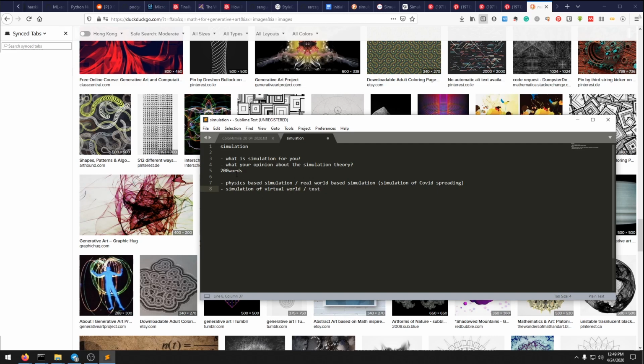So this is the first part of your homework: write a little review of your thoughts and your understanding. And the second part of the homework is to think about something you want to simulate.